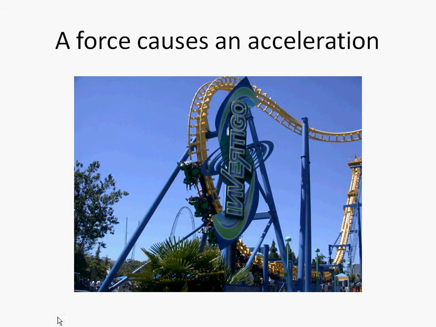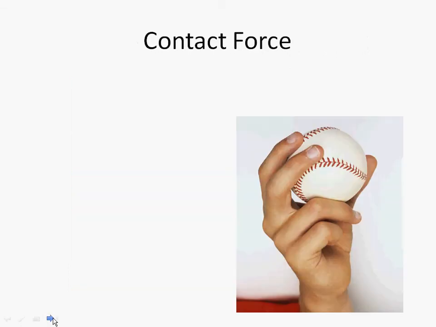So some different types of forces. There's a contact force, where it must be touching the object. There's a field force, which is exerted without contact. So what's that?